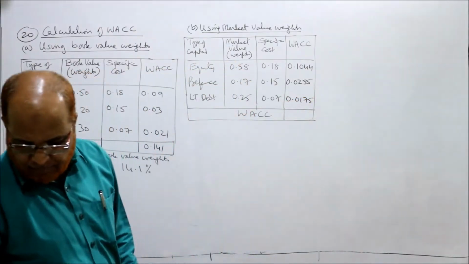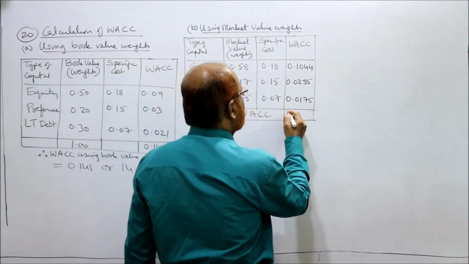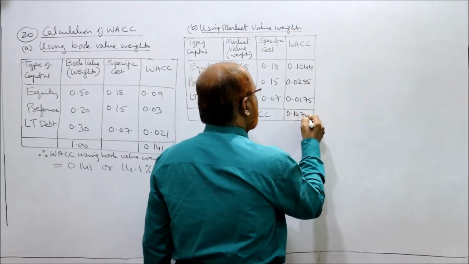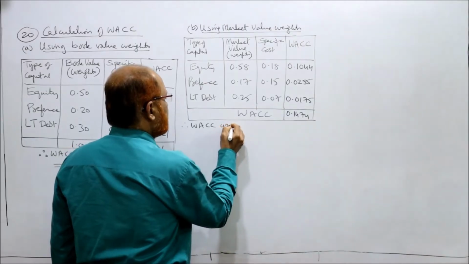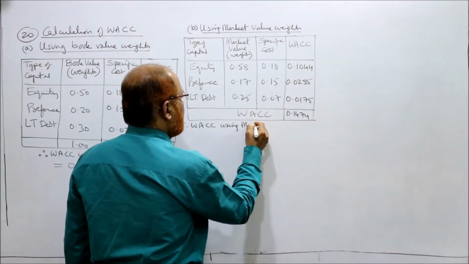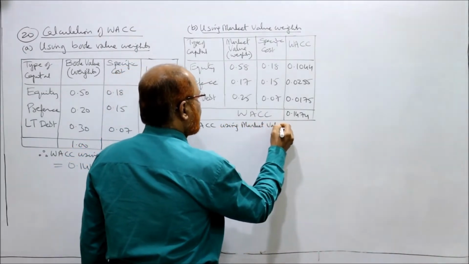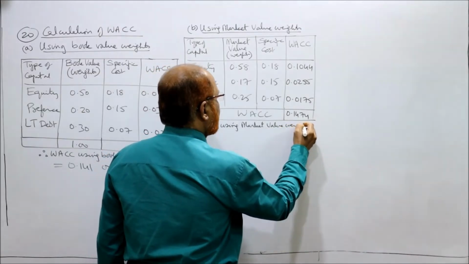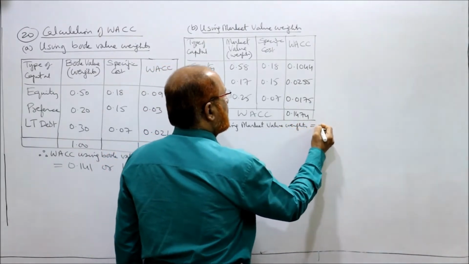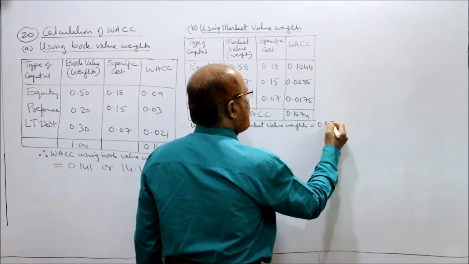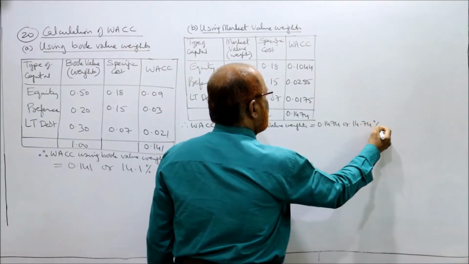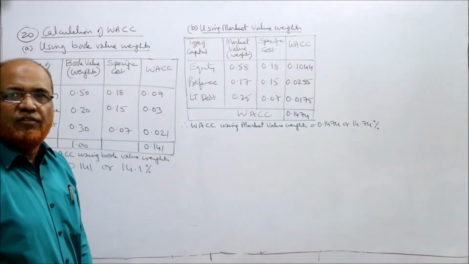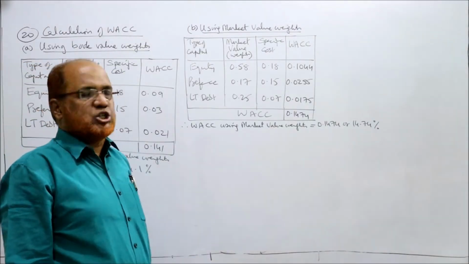The total is 0.1474. WACC using market value weights is equal to 0.1474 or 14.74%. If you multiply by 100, you will get it in percentage.